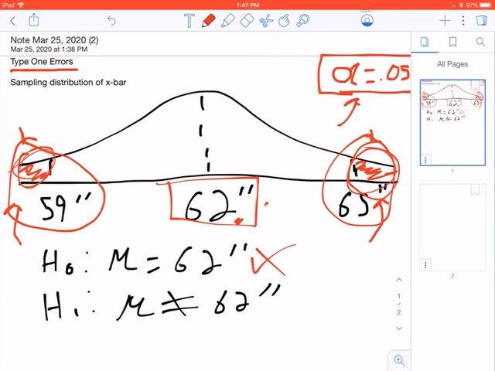So the important key to take away from this video is that the probability of committing a type 1 error is always exactly equal to the level of significance of the test.